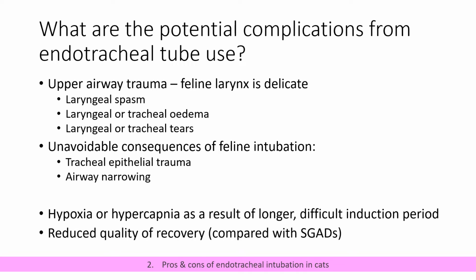And certainly something that we've seen a lot with the original V-gels. When you compare endotracheal intubation to supraglottic airway device or V-gel anaesthesia, the patients having an endotracheal tube have a reduced quality of recovery. You hear more stridor, and that is the result of what the tube is doing to the larynx and the trachea.